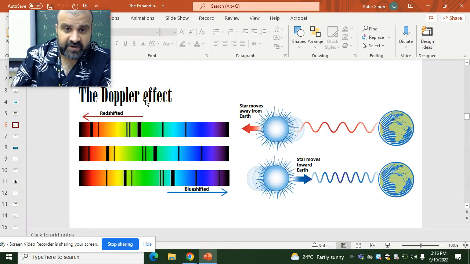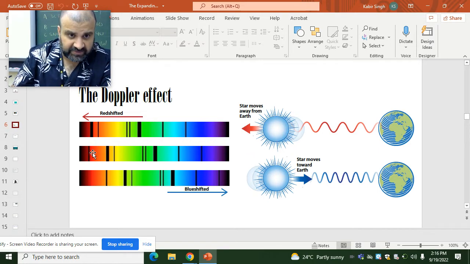So this diagram here should help illustrate that. Let's look in the middle. This is the control. This is what the absorption spectrum for a specific element would look like on Earth. Okay? If we're looking at the stars and we can see this absorption spectrum, we know that this element is in there.